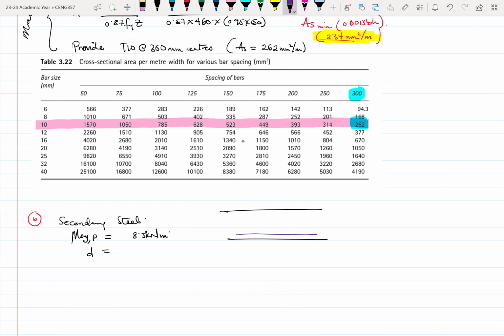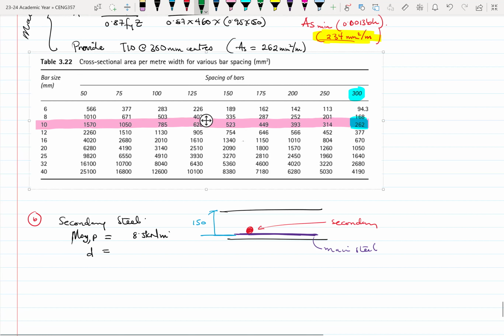Since you already have this bar here is the main bar or the main steel, and then we have here the secondary. So initially we got a D which was the 150. Now we need to find another D where that D will be for the secondary.